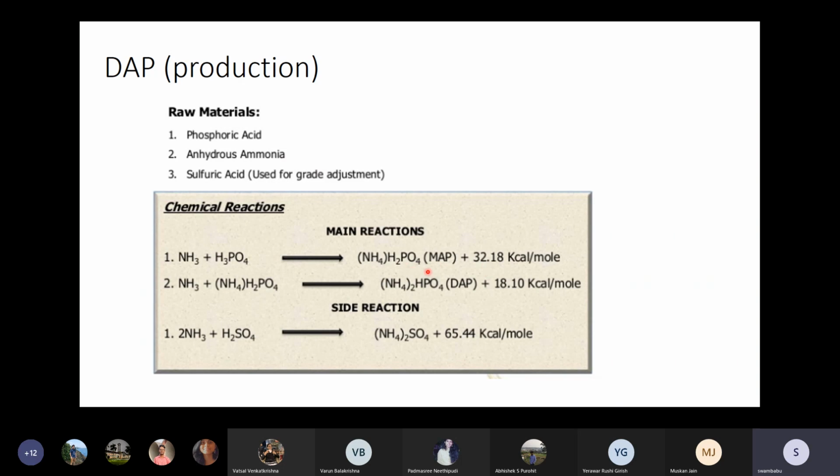This monoammonium phosphate, NH4H2PO4, further reacts with ammonia and produces diammonium phosphate.